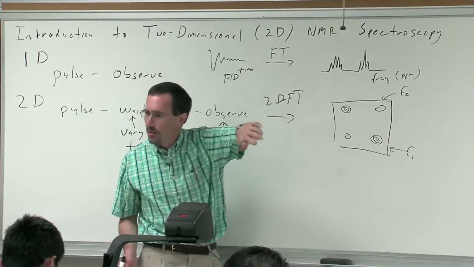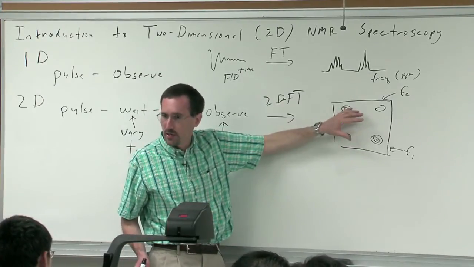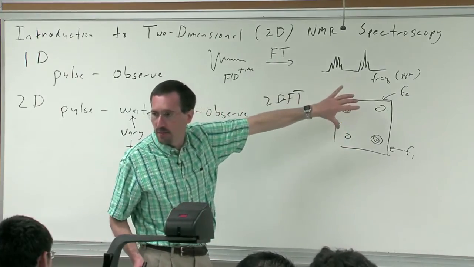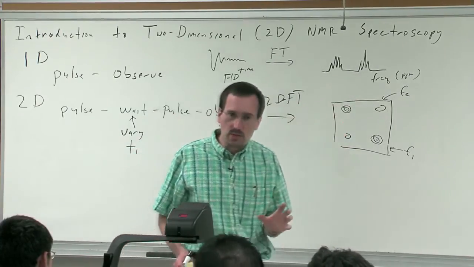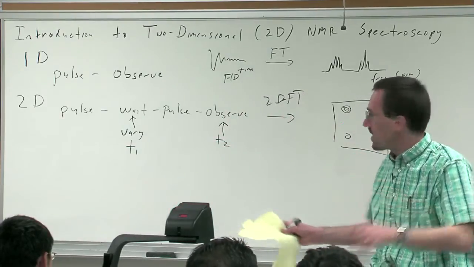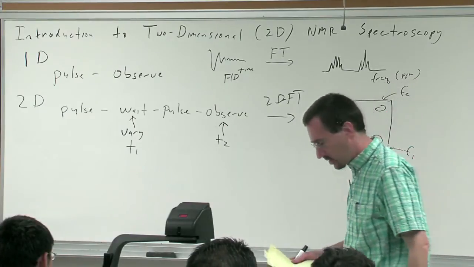A very tall peak has many contours, and a short peak has fewer. So it's 3 dimensions being projected in 2. But again, the reason we call this 2D NMR is not because there are 2 dimensions in the graph, but rather because there are 2 time dimensions.